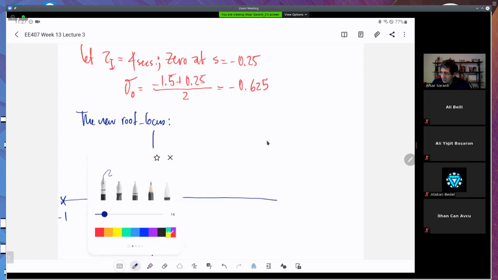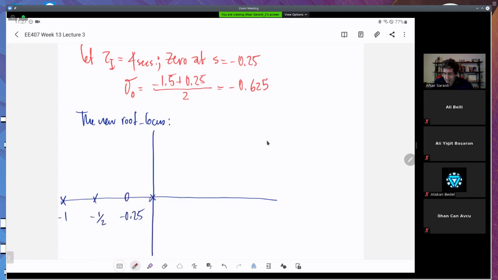Okay, so the sketch will look like something over here, something over here, and our asymptote will be somewhere in between, so that these will meet, okay, and then branch away to the asymptote.